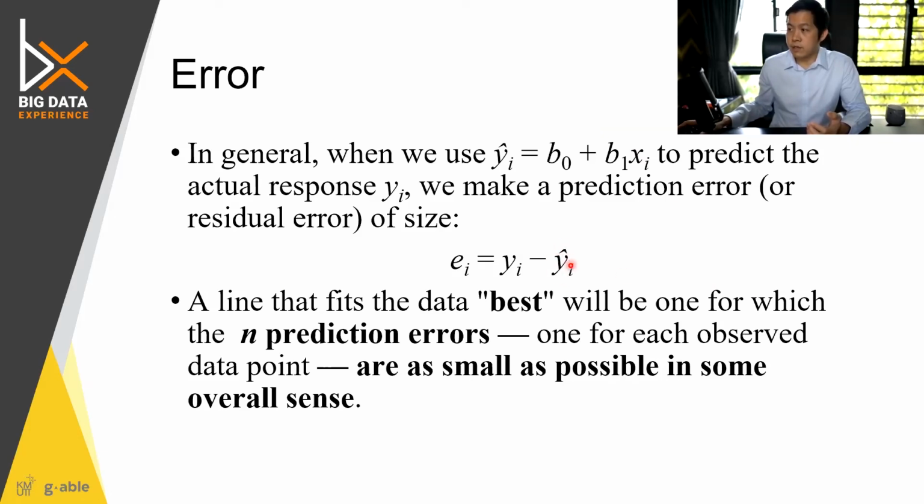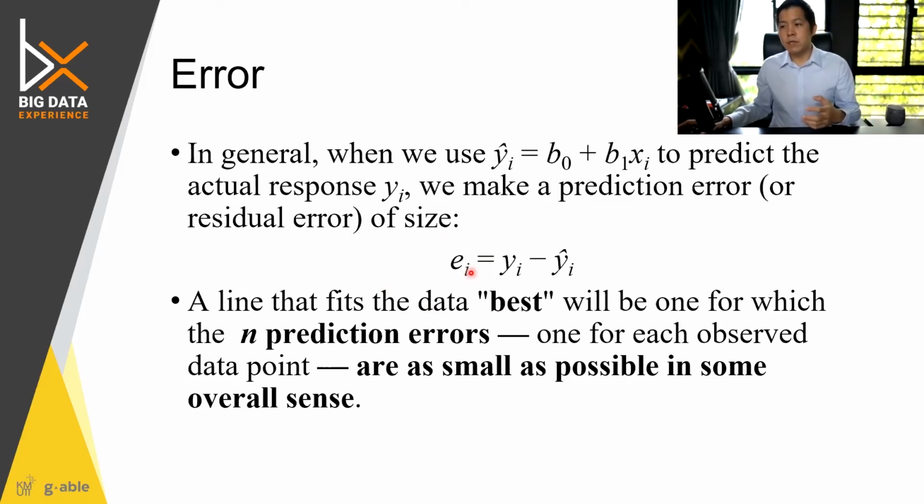This is the predicted response. Subtract it from the actual y. This is error, right? This error is referred to as the prediction error or the residual error, or the remaining. Residual means remaining. Okay. We want a line that would minimize this error.